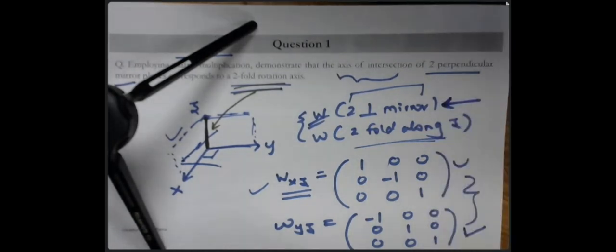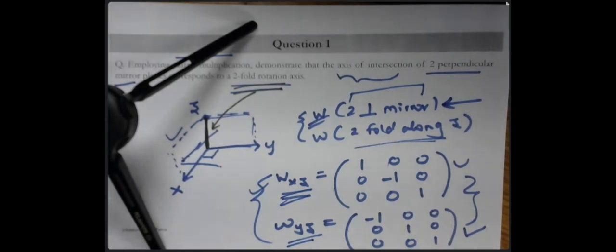That's how we will get the symmetry transformation matrix for combining these two operations.